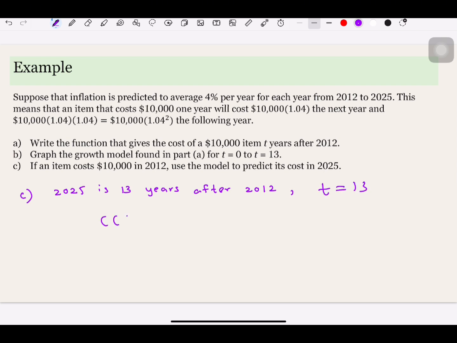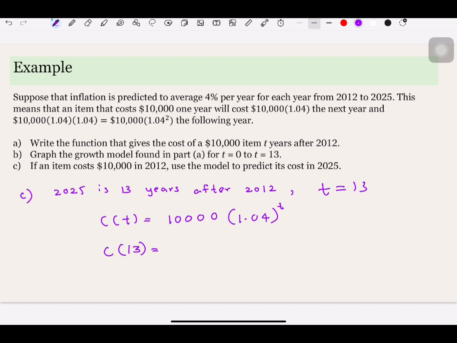Let me write the model first. The cost function gives you 10,000 multiplied by 1.04 to the power t. Now to get the answer for the third part, you substitute t equals 13.